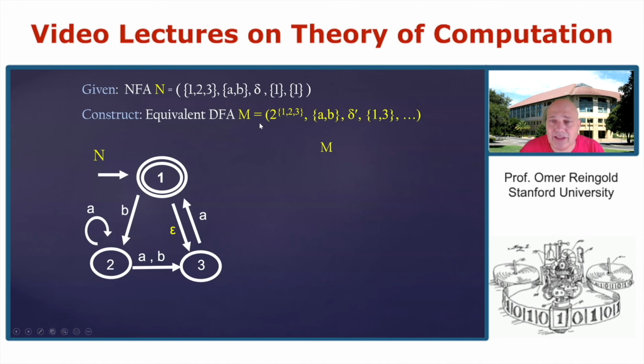So it has 8 states, which are all the subsets of 1, 2, 3. And one thing we could have done is just draw these 8 new nodes and calculate all the transitions that are possible from all of these nodes. So 8 nodes, and we have 2 alphabet symbols, so we can ask 16 questions here.